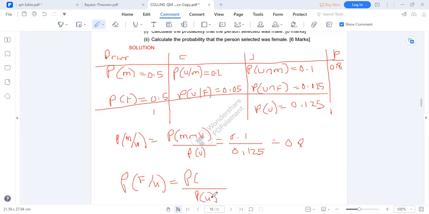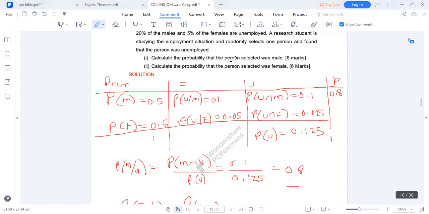Then on top, female intersection unemployed. Yes. So when you divide that, what are you going to get? Since they're adding up to 1, obviously, it is 0.2.